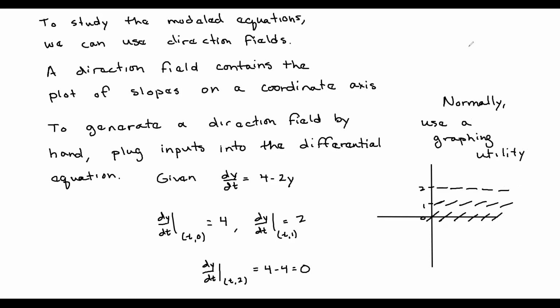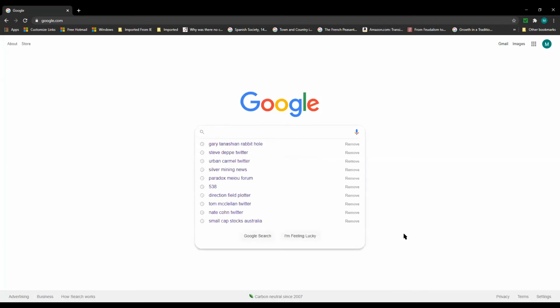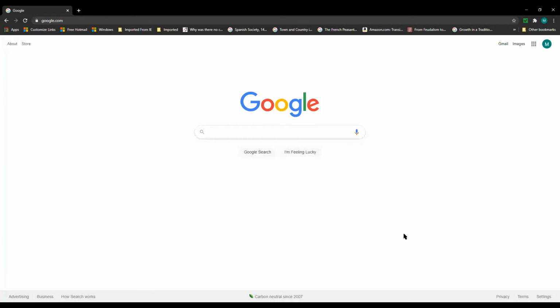Okay, so let's go ahead and switch over to a graphing utility. All right, so we want to get a direction field plotter.